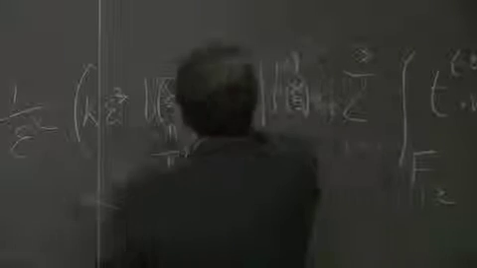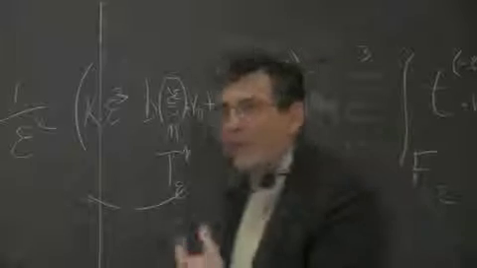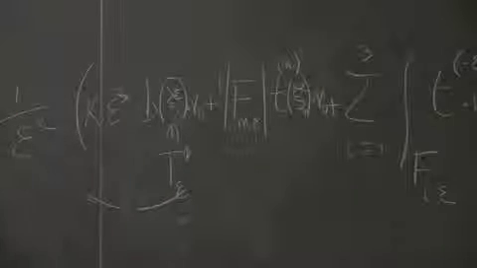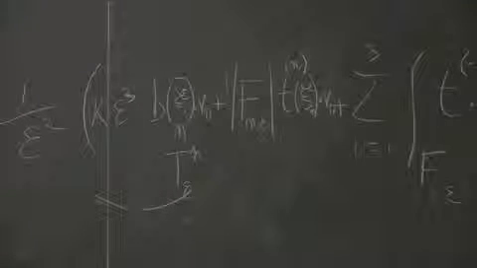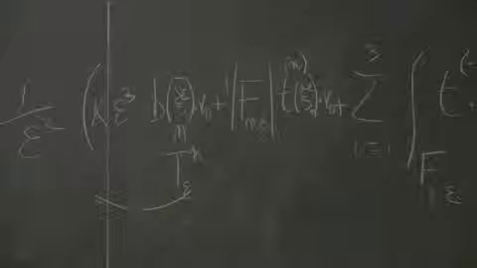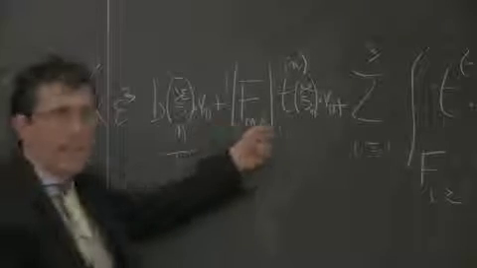If you want to be very careful, you have to call it psi epsilon, psi epsilon, because when epsilon is varying, the point where you are estimating the field is varying. But psi epsilon n belongs to the face f n epsilon.